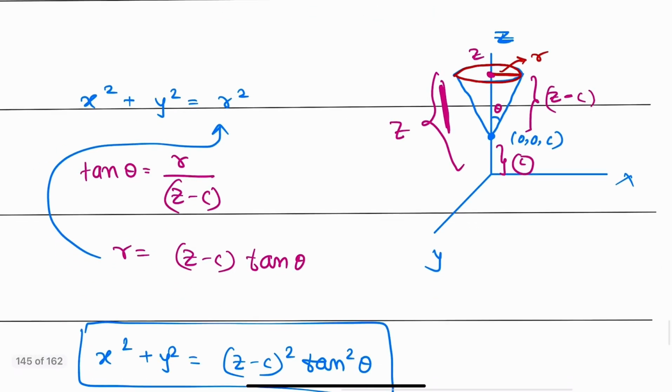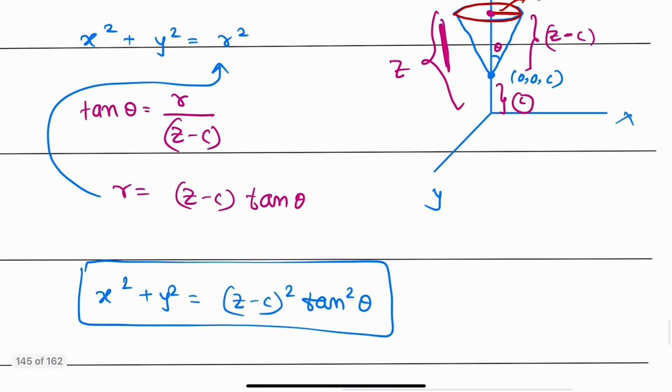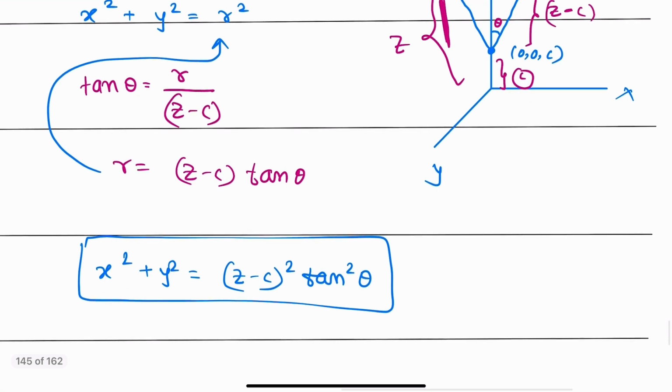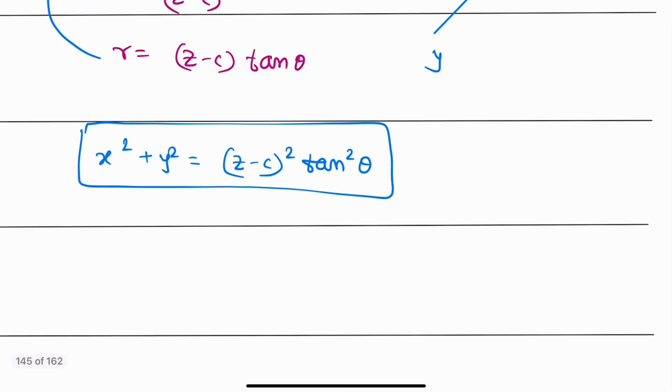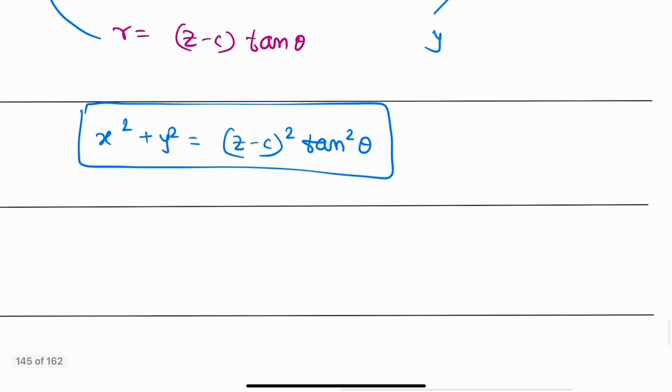Now we are tasked to find the partial differential equation. So now the same procedure that we were adopting earlier: partially differentiate with respect to x and then with respect to y, and let us see what we get. Okay.